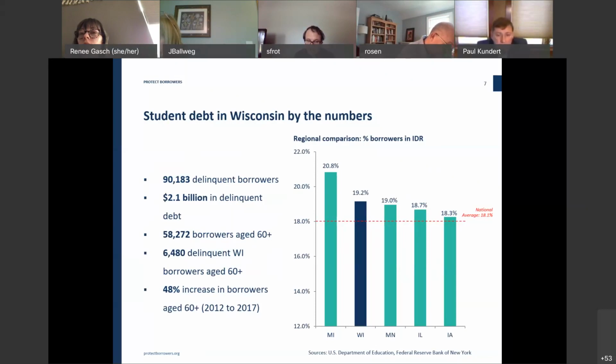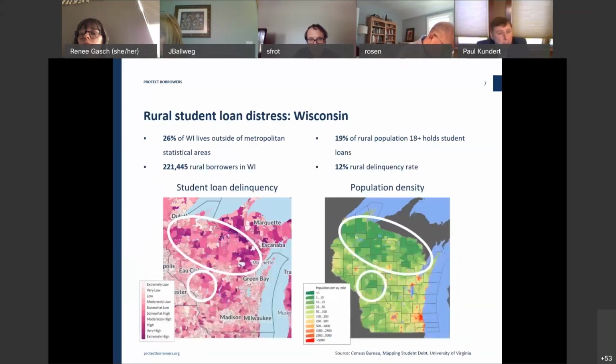Hopefully we'll get updated data on that. That data is a little old, but that came out of the CFPB. And you also see thousands and thousands of older Wisconsin borrowers in delinquency. And as a point of comparison amongst your neighbors, you see trailing Michigan in terms of borrowers in IDR, but still some work to be done.